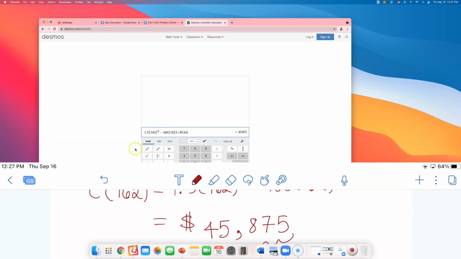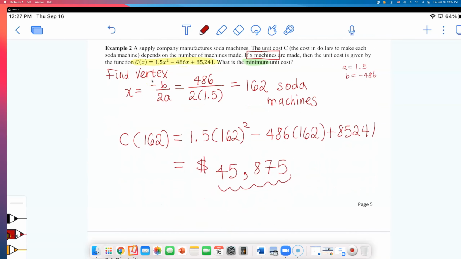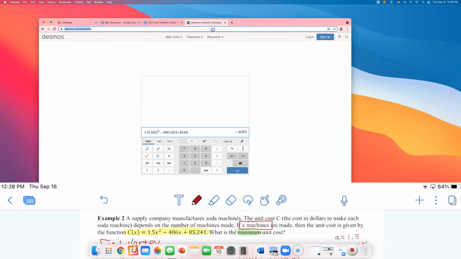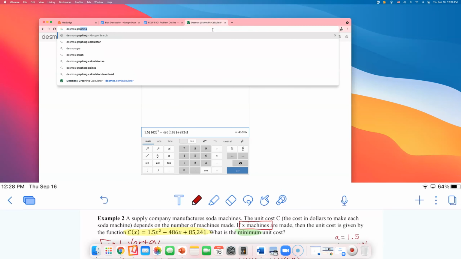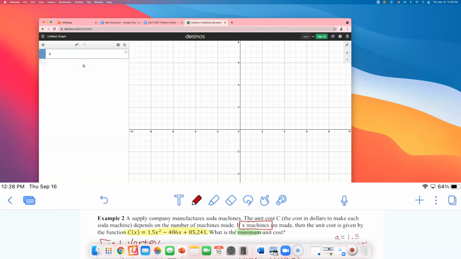See, I did this algebraically, just finding the vertex using the vertex formula. But what will this look like graphically? So just out of curiosity, I'm going to go ahead and graph this in the Desmos graphing calculator. So if I graph C of x equals 1.5 times x squared minus 486 times x plus 85,241, I don't even see the graph.